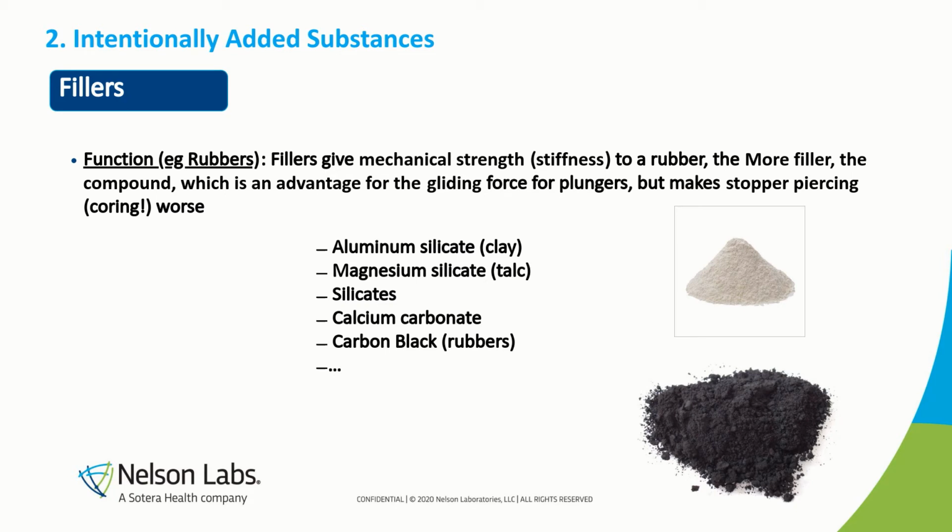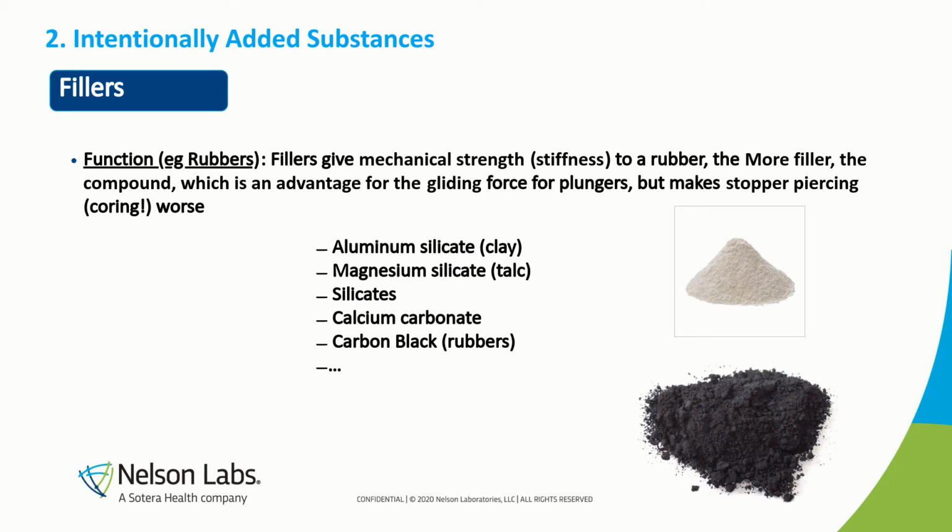Between 40 and 50% of a rubber is made out of filler, inorganic filler material, and that fine-tunes the physical properties of a rubber. For instance, a plunger from a pre-filled syringe needs to be stiffer because of the gliding potential that it needs to have, compared to a stopper on a vial. That will be more flexible and will contain a lower amount of fillers.